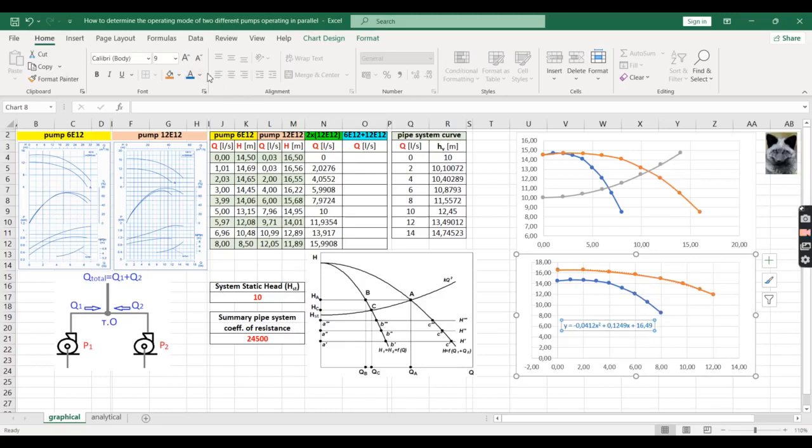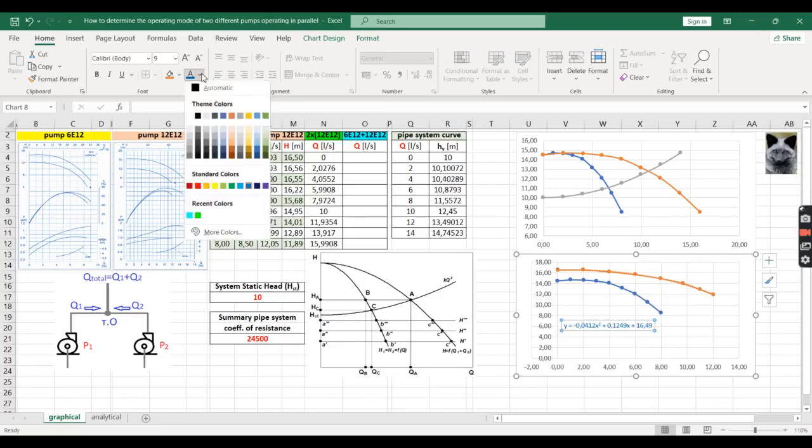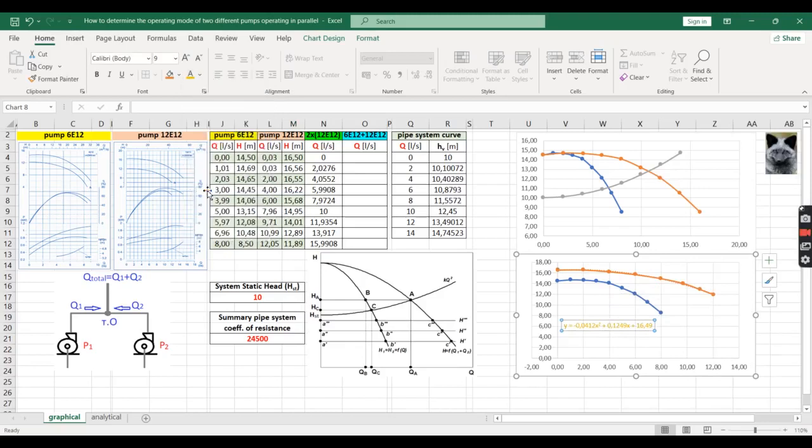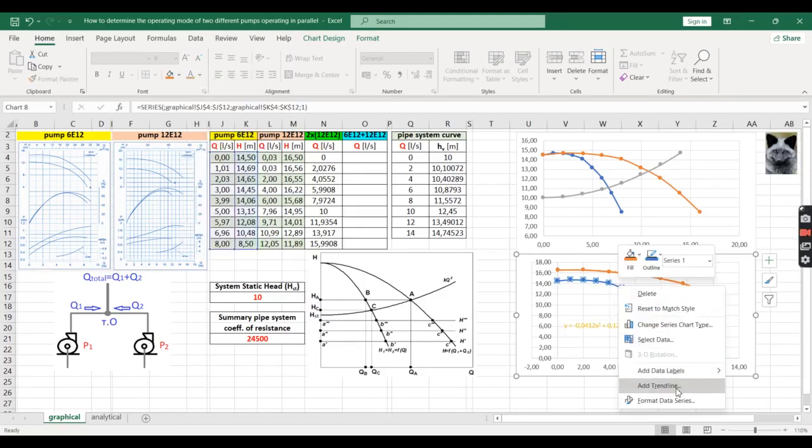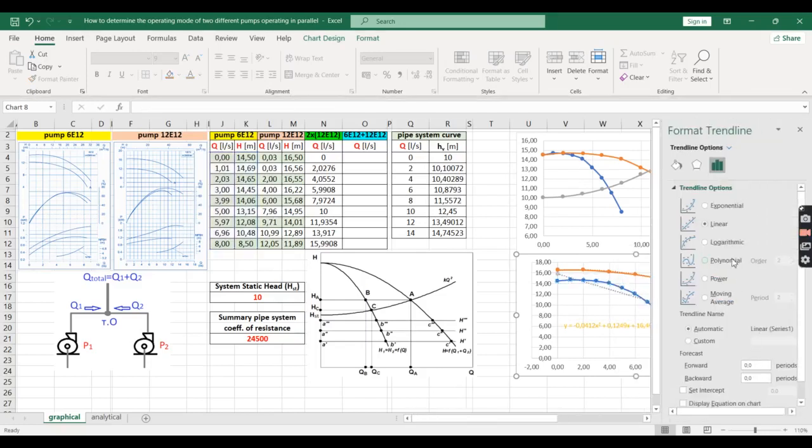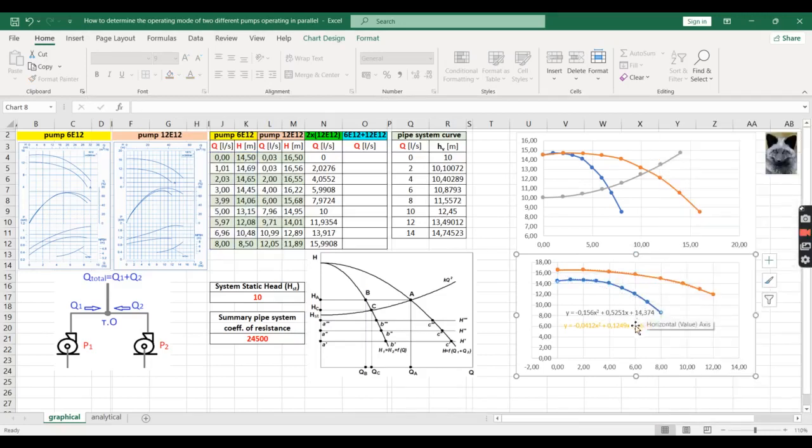This concerns the second pump. So let's put it in orange, and now let's display the second equation, which we're gonna color with blue.